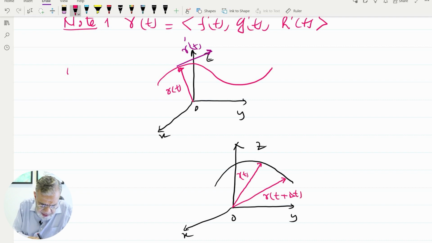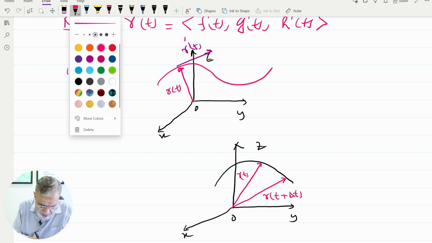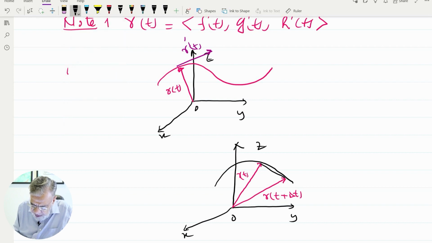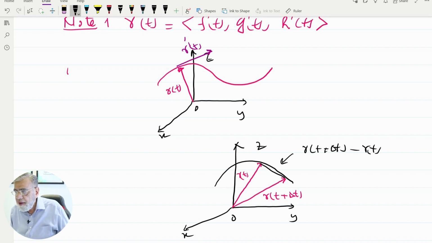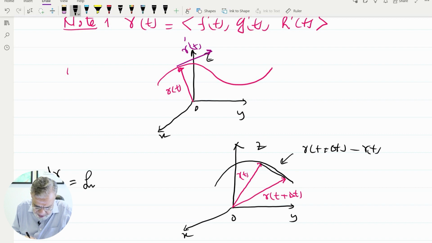So here this value is r of t plus delta t minus r of t. By our definition, dr by dt is equal to the limit as delta t tends to 0 of r of t plus delta t minus r of t over delta t.